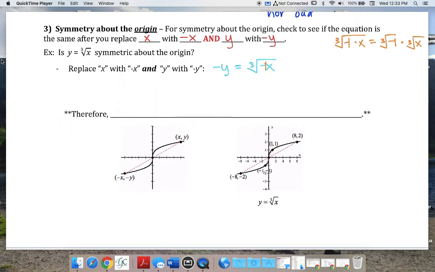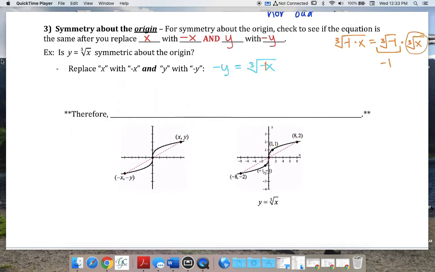So for that cube root of negative 1, a cube root just means we're trying to figure out what number we multiply by itself 3 times to give us negative 1. And negative 1 times negative 1 is a positive 1. And if we multiply by a negative 1 a third time, that turns it back into a negative 1. So this cube root of negative 1 is just negative 1.